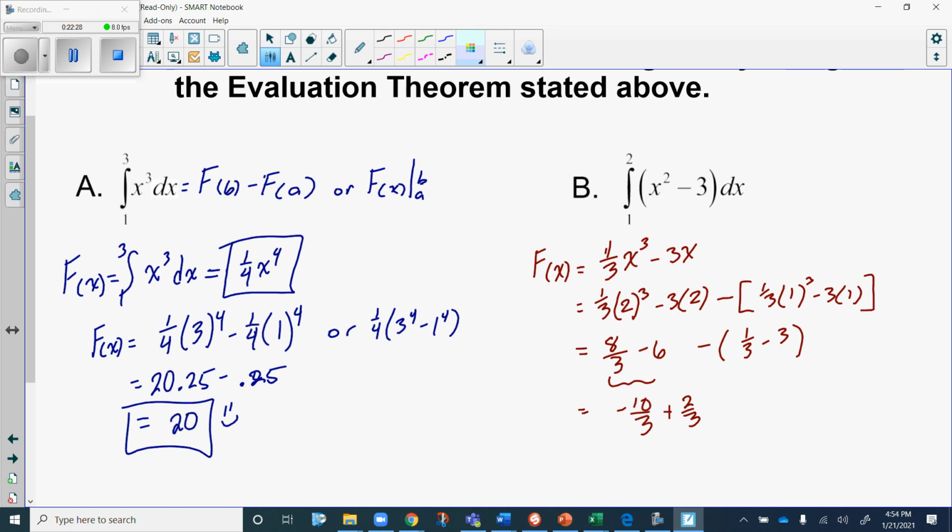I did that backwards. I did it in my head as 3 minus 1/3 instead of 1/3 minus 3. That's actually, times 3, negative 9/3, so that would be negative 8/3. That would be positive 8/3 when I distribute the negative sign in. So overall, we get a negative 2/3.